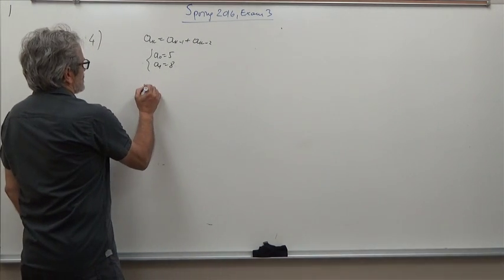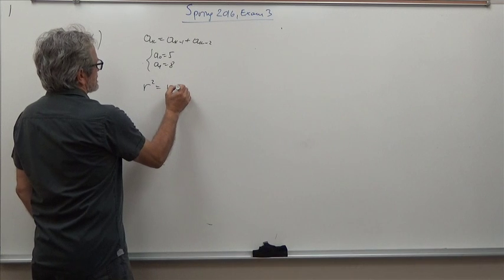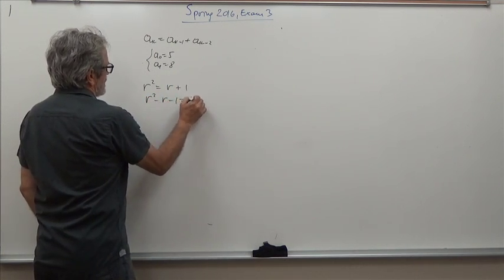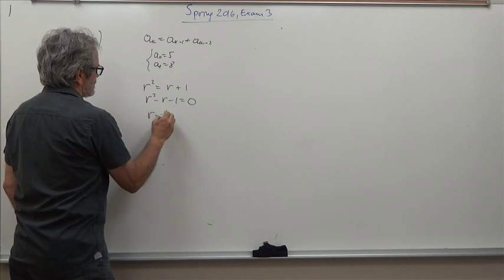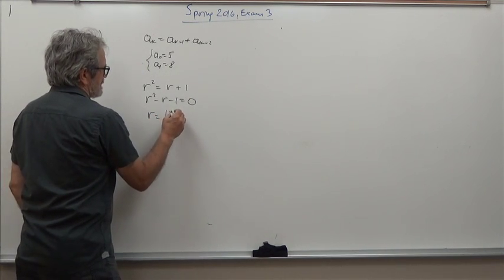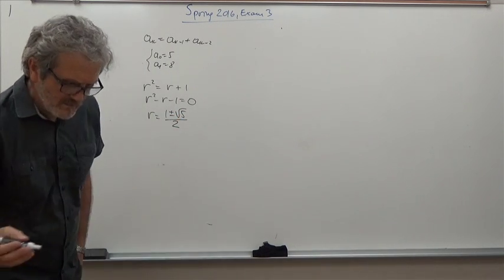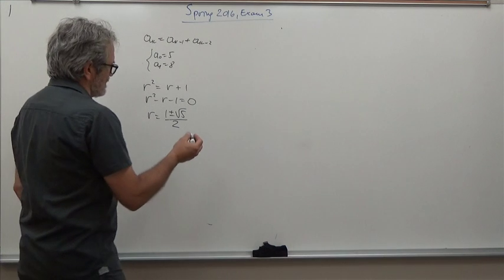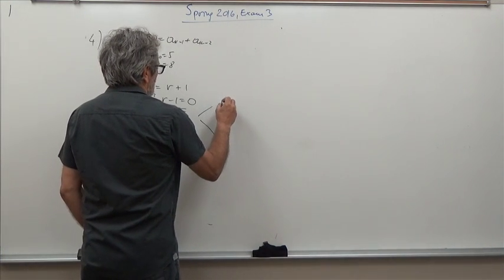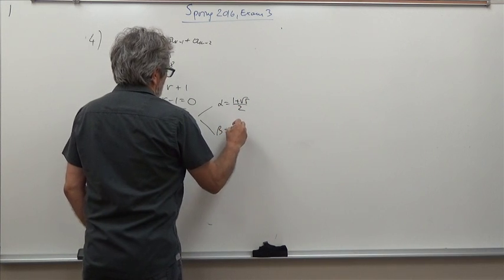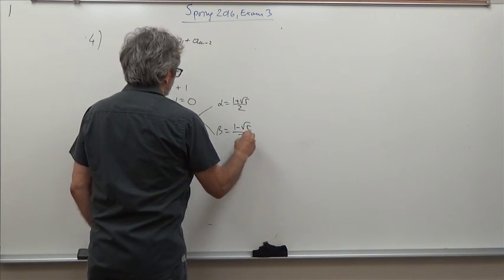The equation is R squared equals R plus 1. From here, R squared minus R minus 1 equals 0. So R equals 1 plus or minus square root of 5 over 2. And in my notes, and I think in the lecture also, alpha is the one with a plus, and beta is the one with a minus.